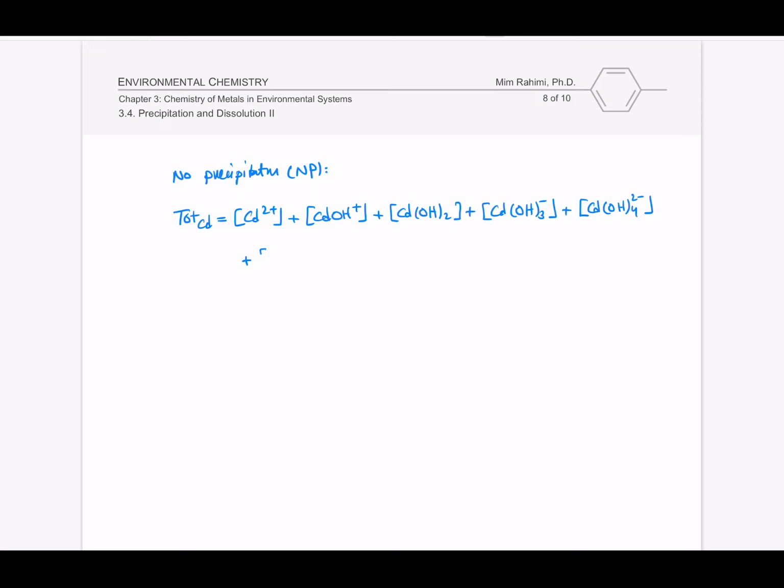Also with carbonate and 2 carbonate. Also 1 related to the bicarbonate.